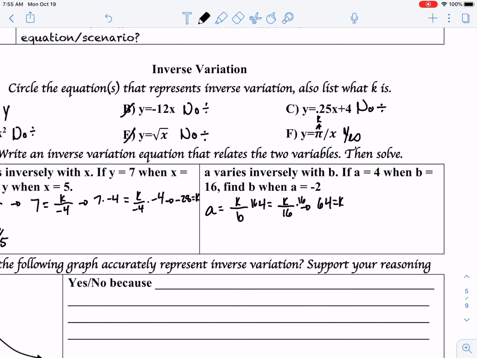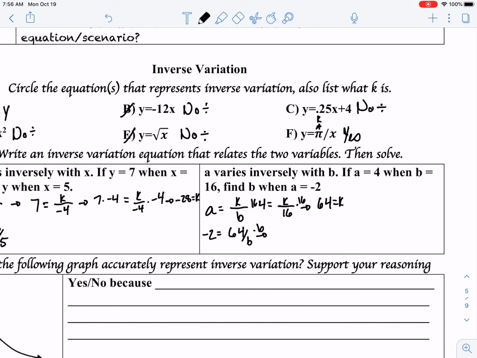Once I solve for K, I'm going to use this value to then find whatever variable is missing. Find B when A is equal to -2. So -2 is equal to 64 over B. Again, get rid of the fraction by multiplying both sides by what's on the bottom.